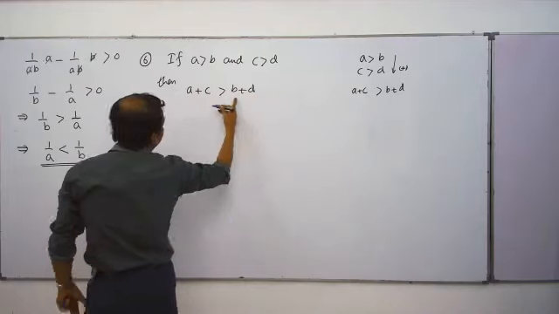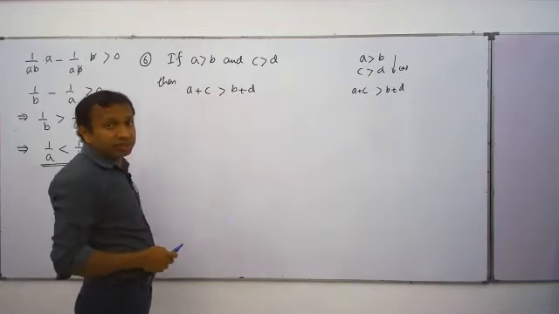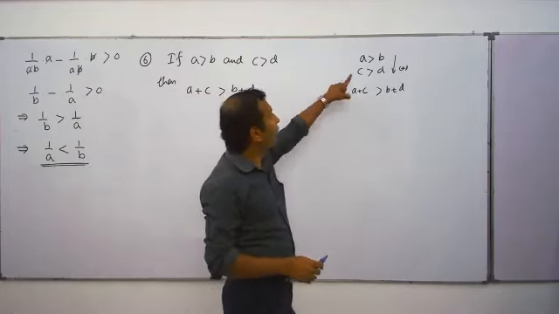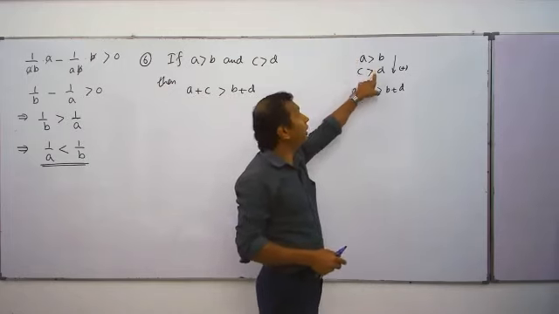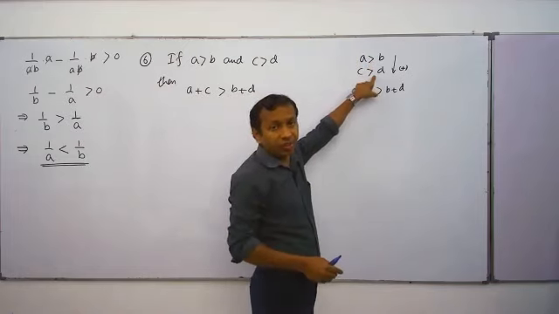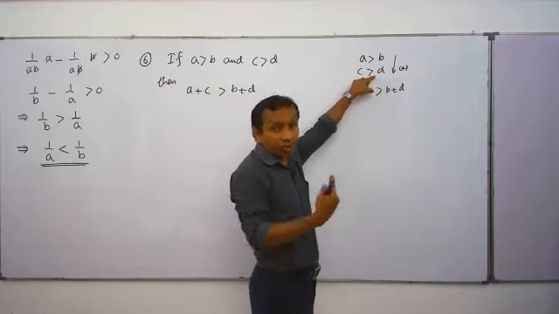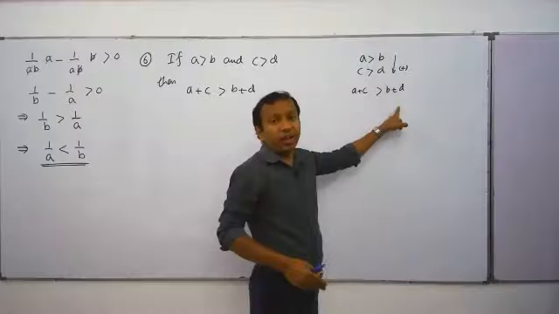Okay, what do you understand by this result? That result says when we have two inequalities, and the directions of the inequality signs are arranged to be the same, then after arranging the sign to the same direction, the left hand sides and the right hand sides you can add.